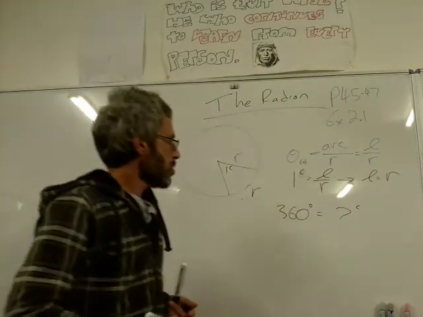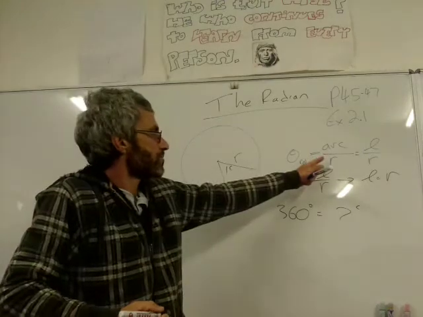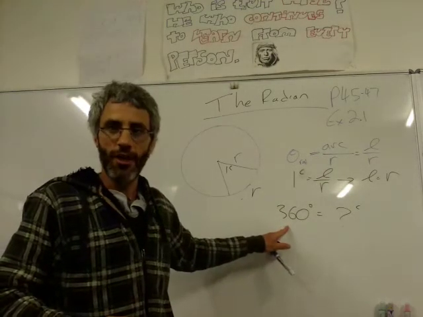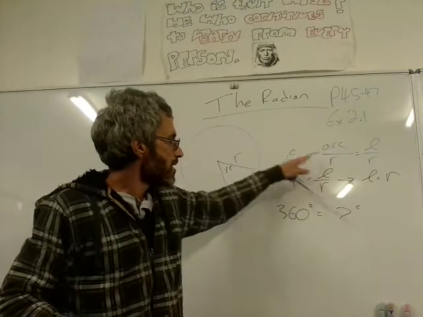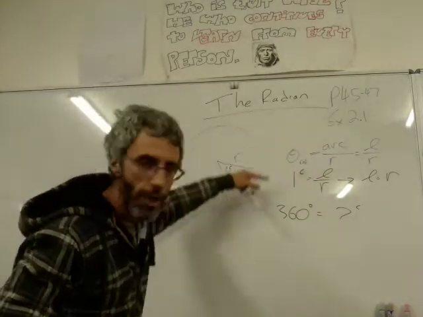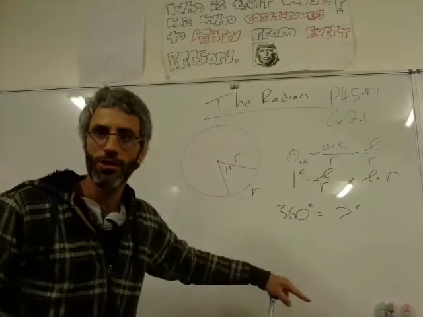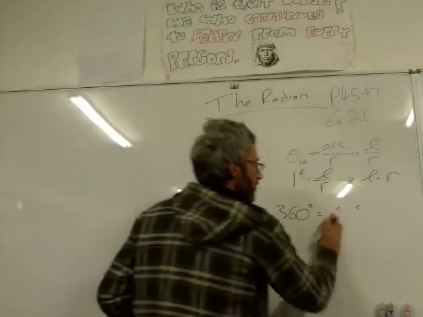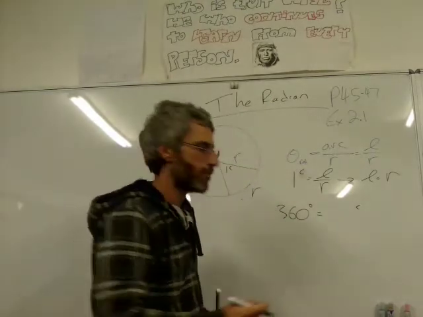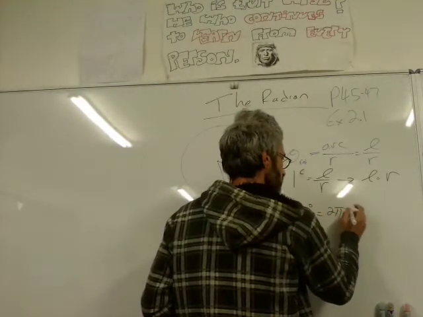Well, let's use the definition. The definition of a radian is the arc over the radius. Now in 360 degrees we're talking about the whole circle, so the arc now is the circumference. What's the length of a circumference? You've learned that a million years ago.